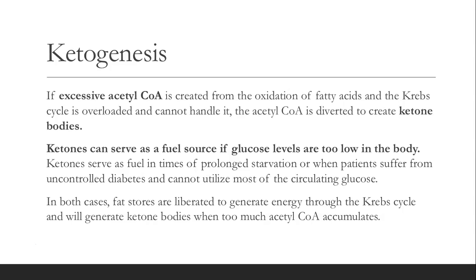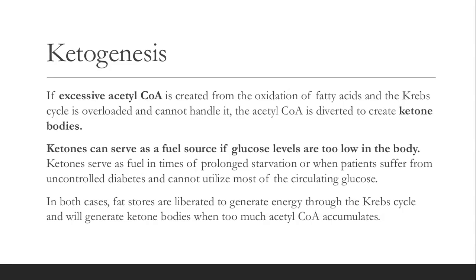And ketones can serve as a fuel source if glucose levels ever get too low in the body. Ketones serve as fuel in times of prolonged starvation, or when patients might suffer from uncontrolled diabetes, or if you're familiar with diets like the Atkins diet, which is just the common name for going into ketosis.